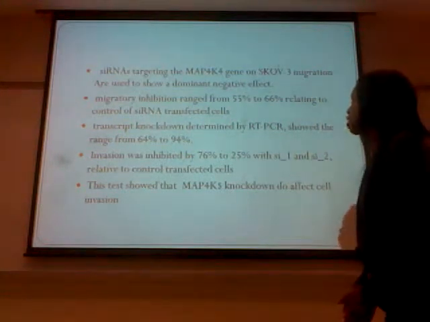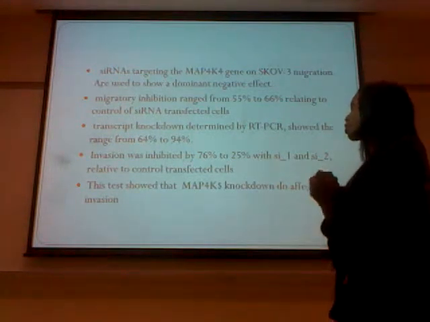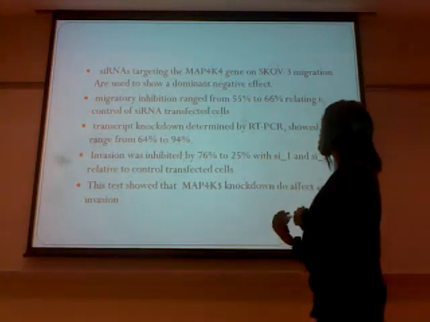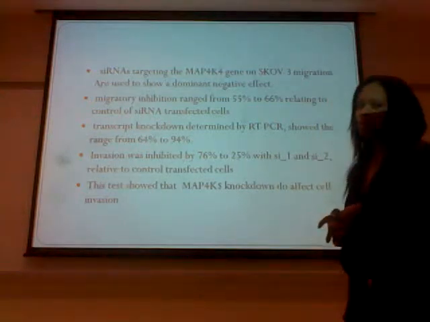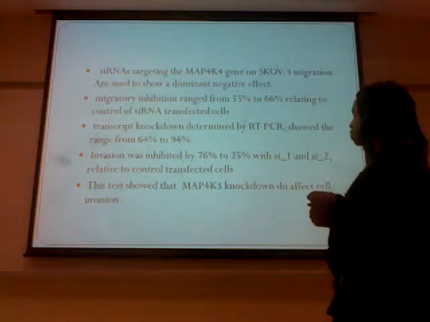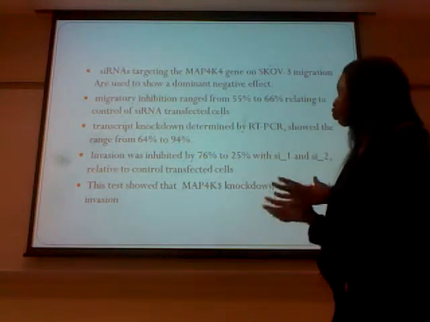This inhibition ranges from 55 to 56% relative to control siRNA-transfected cells. The transcription knockdown determined by RT-PCR ranges from 64 to 94%. Invasion was inhibited by 25 to 76% with SI1 and SI2 relative to control transfected cells.